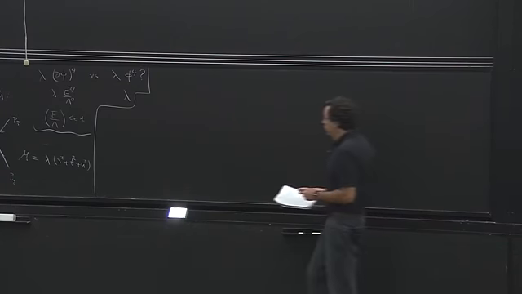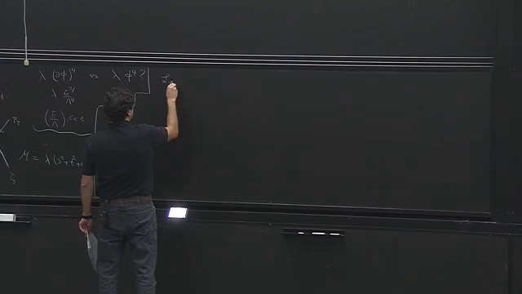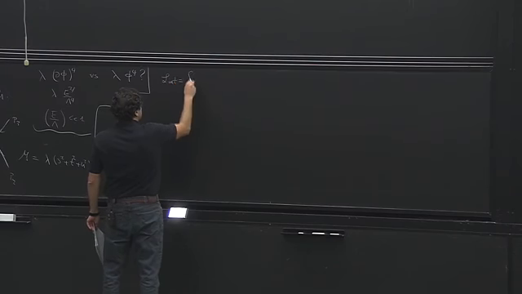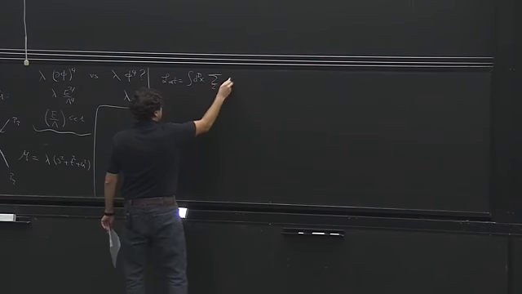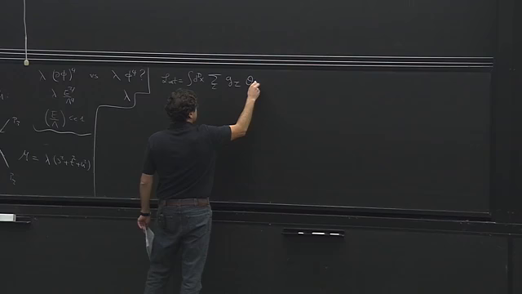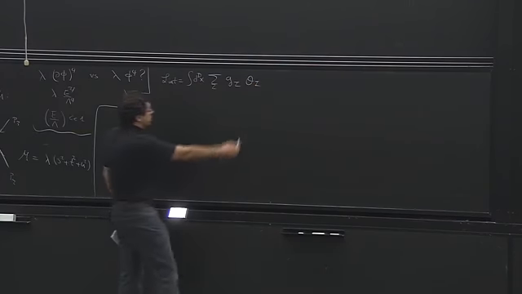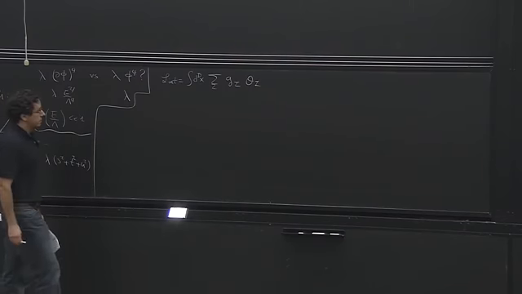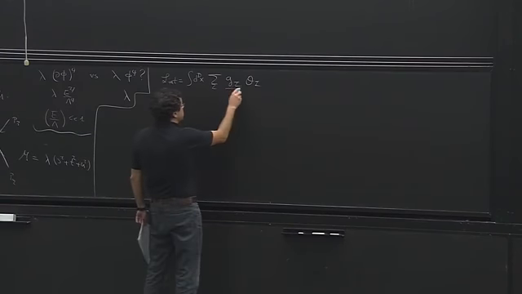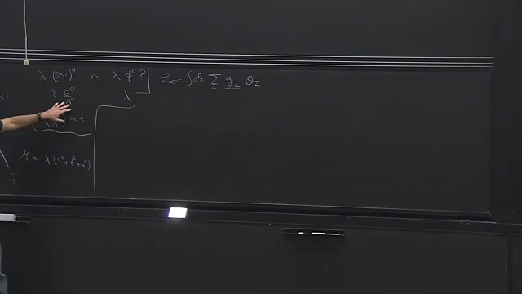And the logic of the construction told us that in principle you have to write down all possible interactions given the degrees of freedom, consistent with the symmetries, where these O_i are all possible interactions you can write down given the basic degrees of freedom.